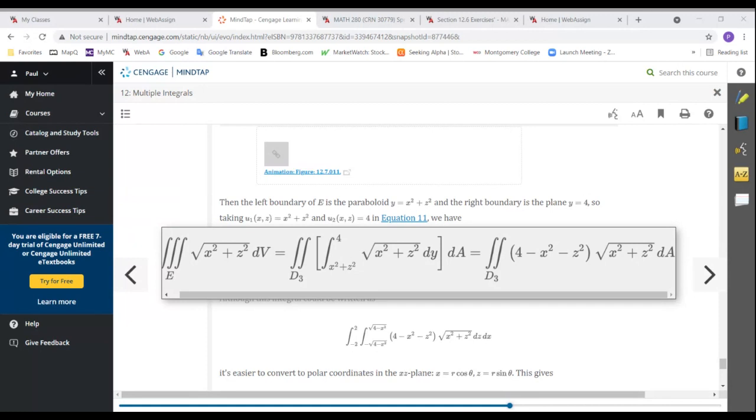So you just substitute in 4 and x squared plus z squared, and you'll get what's highlighted on the right. So far, so good? Are there any questions?